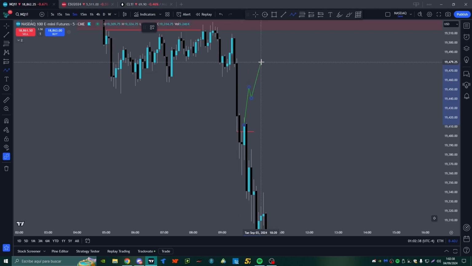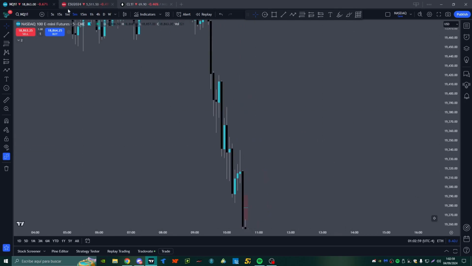I'm going long, but it turns out it was just a wick, super quick, and immediately they get the wick and the rejection from that, and they get a strong wick here. They never get the body. So wait for the candle to close. Don't assume absolutely anything ever in the price.